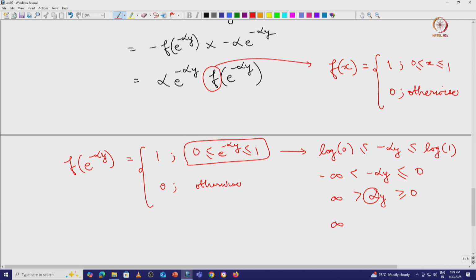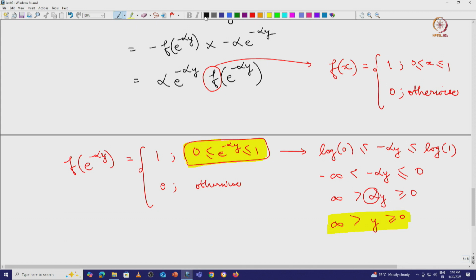Infinity divided by alpha would simply be infinity, greater than y, greater than or equal to 0. So now we have shown that this inequality, e to the minus alpha y lies between 0 and 1, is exactly equivalent to y lying between 0 and infinity.